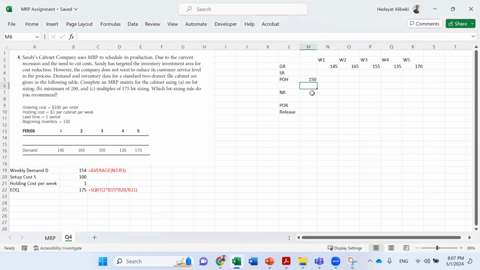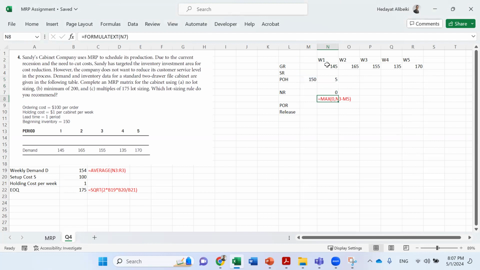Net requirement for the first week is the max of 0 and gross requirement minus projected on hand. We don't have any safety stock requirements, so I just go based on that. So net requirement is 0, no order required. We just calculate inventory and move on. Inventory is on hand plus scheduled receipt plus planned order receipts minus gross requirement.